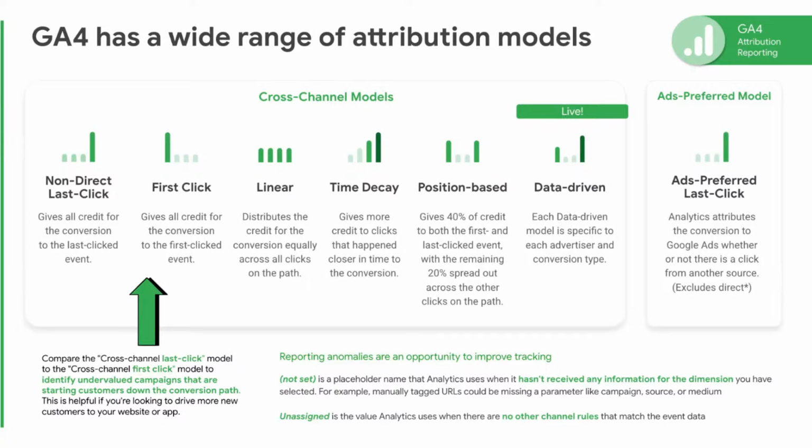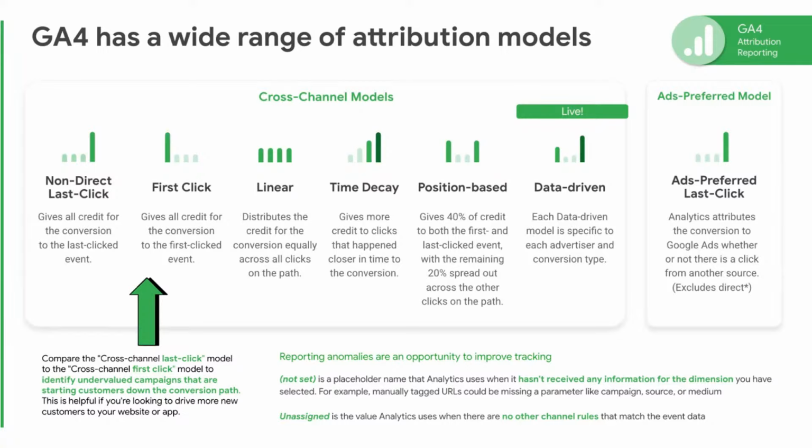The first click gives all the credit for conversion to the first clicked event. And some interesting comparisons you can do here are comparing the cross-channel last click model to the cross-channel first click model to identify undervalued campaigns that are starting customers down the conversion path. This is especially useful if you're looking to drive more customers to your website or app.